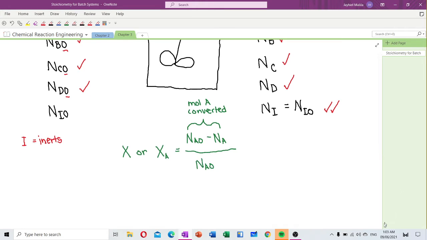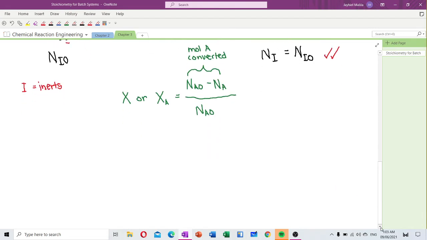All right. Now, if we re-express this equation in terms of number of moles, we can rewrite it in this manner. We have xa Na0 is equal to Na0 minus Na.